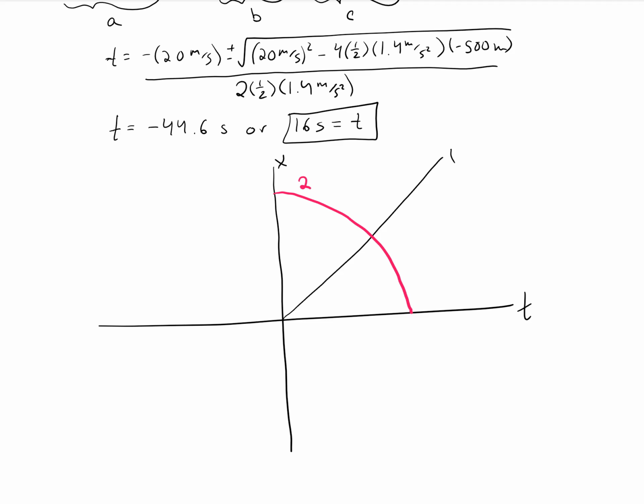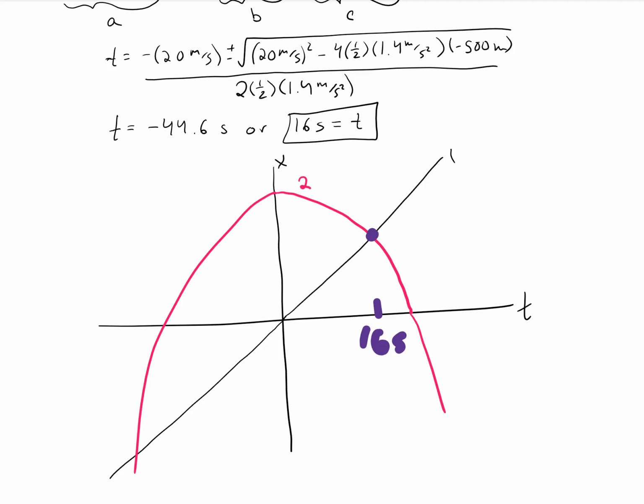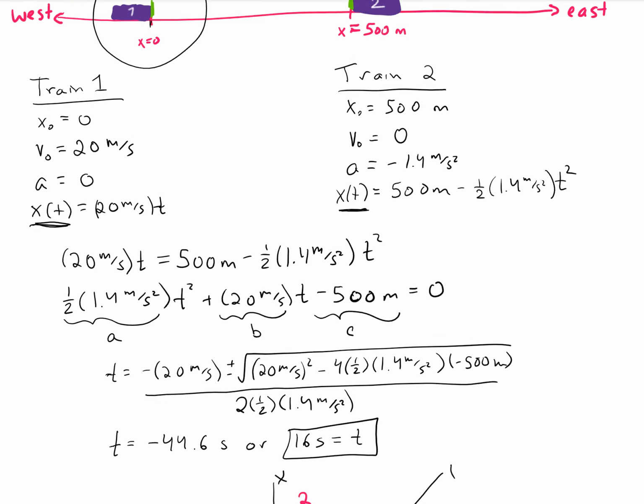The quadratic equation thinks we might as well be talking about equations like these that go on forever. And so it will find the two solutions when these two curves equal each other, and that happens here at 16 seconds. That's our answer. But it also happens here at minus 44.6 seconds. And so obviously we want to choose this positive answer. Okay, so it should be 16 seconds.